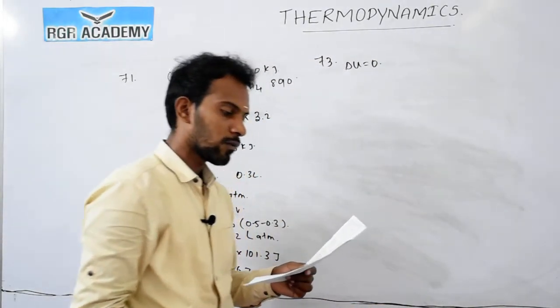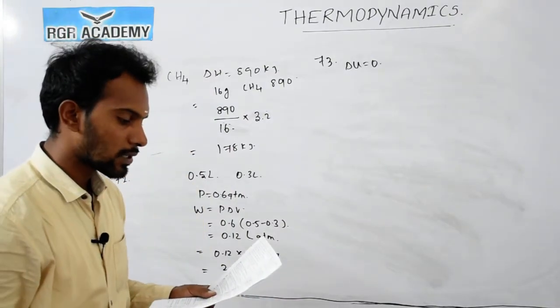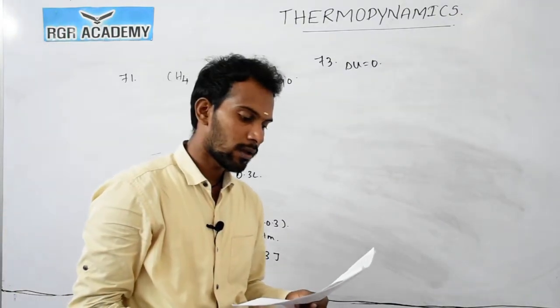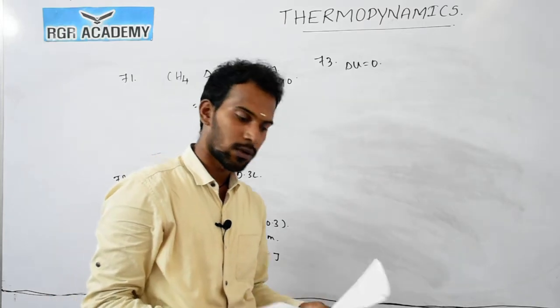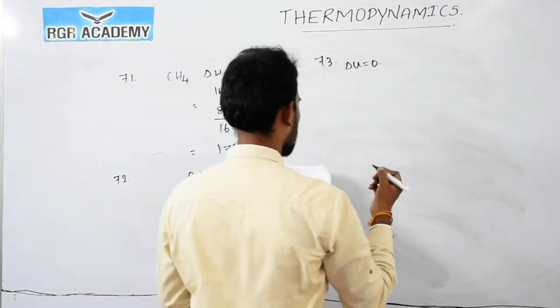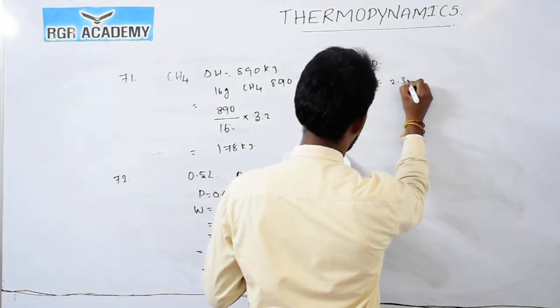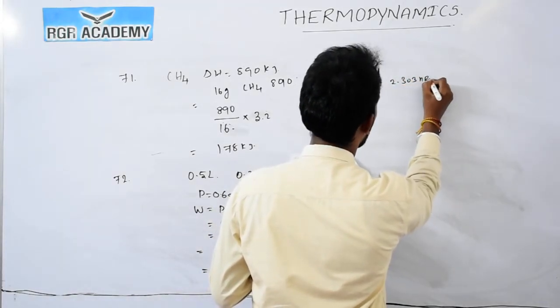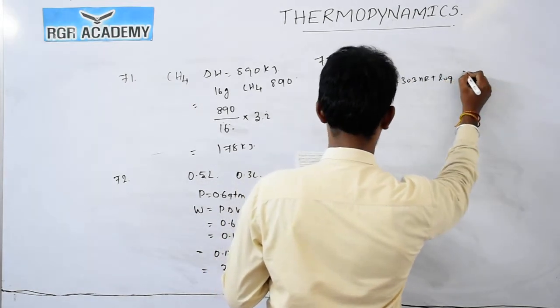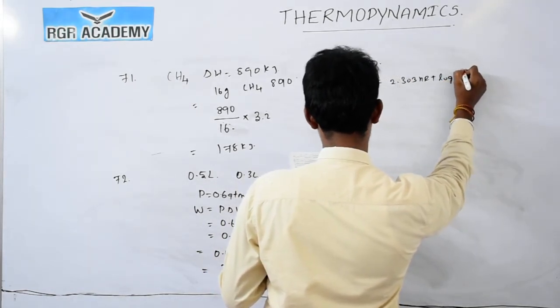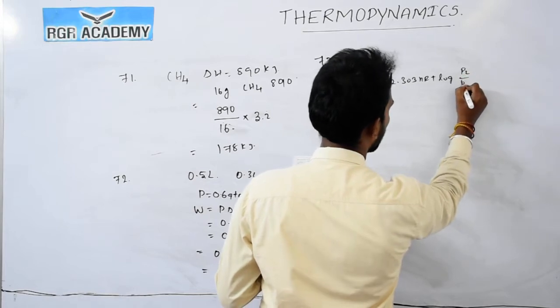Why? Because the process is isothermal and reversible, so delta U is 0. And see this W. W is equal to 2.303 nRT log P2 by P1.